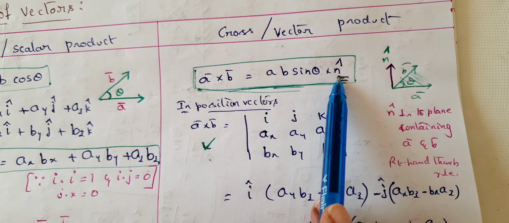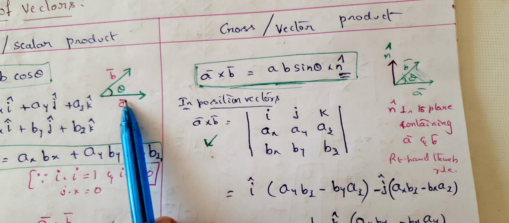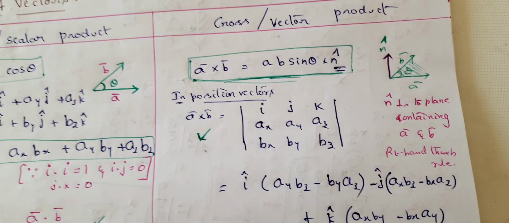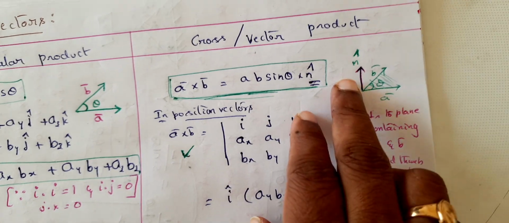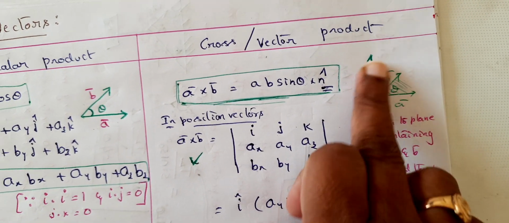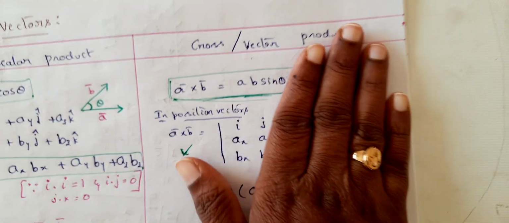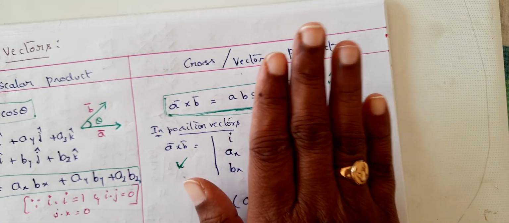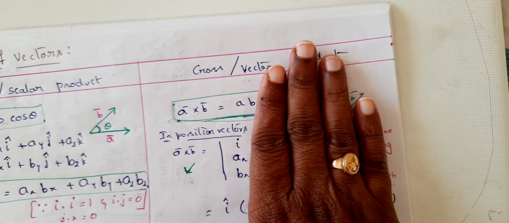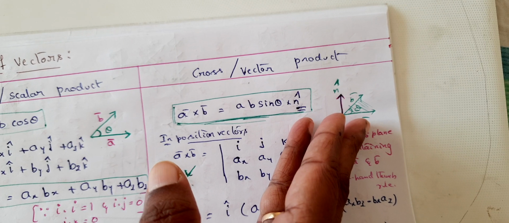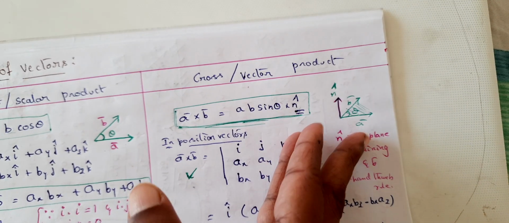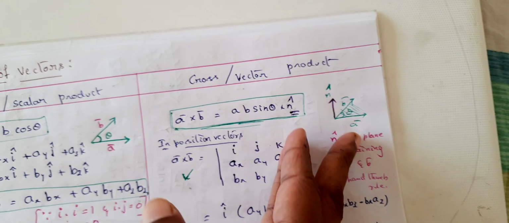That is a vector which is perpendicular to both A bar and B bar, or rather we can say it is perpendicular to the plane containing A bar and B bar. Suppose A bar and B bar are in the plane of this paper. Now A bar is making a cross product with B bar. This is the sense of it.